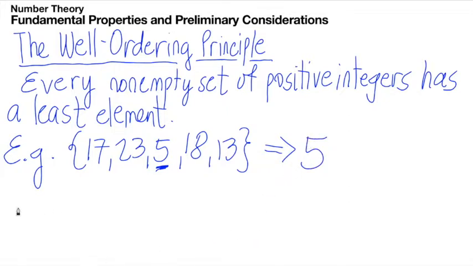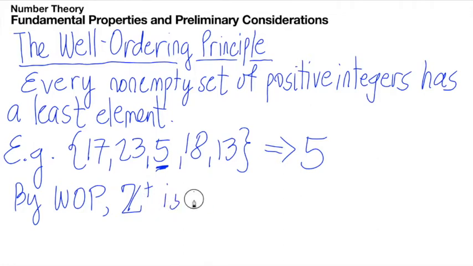Okay, so by virtue of the well-ordering principle, which we will write in shorthand as WOP, the set of positive integers, let's denote that as Z plus, is well-ordered.